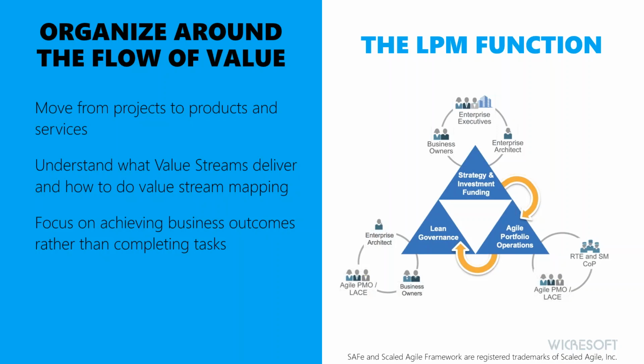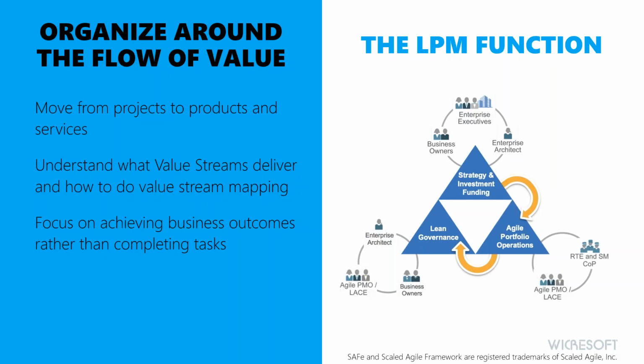And then the third piece is lean governance, which is how you monitor, inspect what's going on in real time and are able to make adjustments, make decisions effectively as you go. And the people involved in what we call the lean portfolio management function, there are a number.